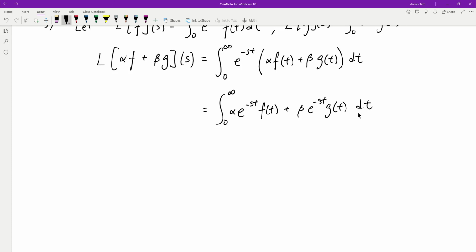Since now I have a sum of two functions inside an integral, I can separate these two integrals.